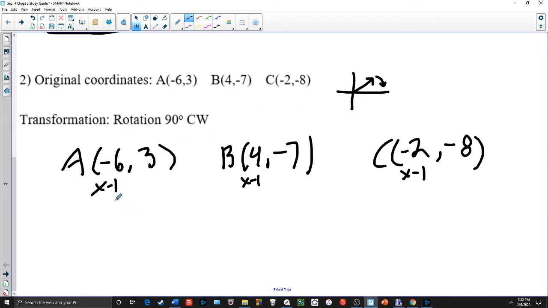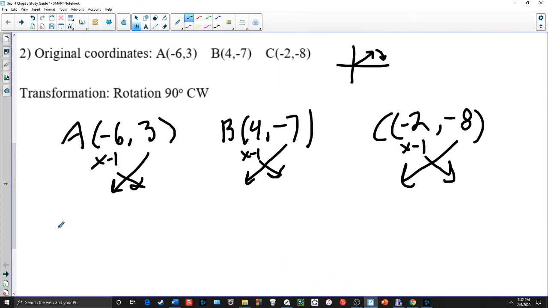And then after we multiply by negative 1, we're going to swap the positions of both coordinates. So swap the positions there and there, swap the positions there and there. So we end up with A prime, which is 3 comma 6.